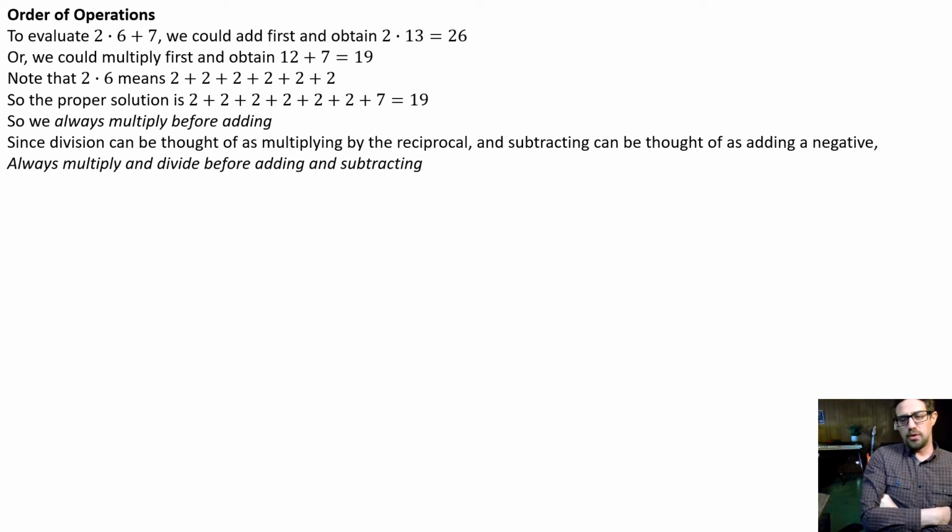Division is the same thing as multiplying by the reciprocal, and subtraction is the same thing as adding the negative version. So for that reason, we can expand that to say always multiply and divide first before you do any of your adding and subtracting.